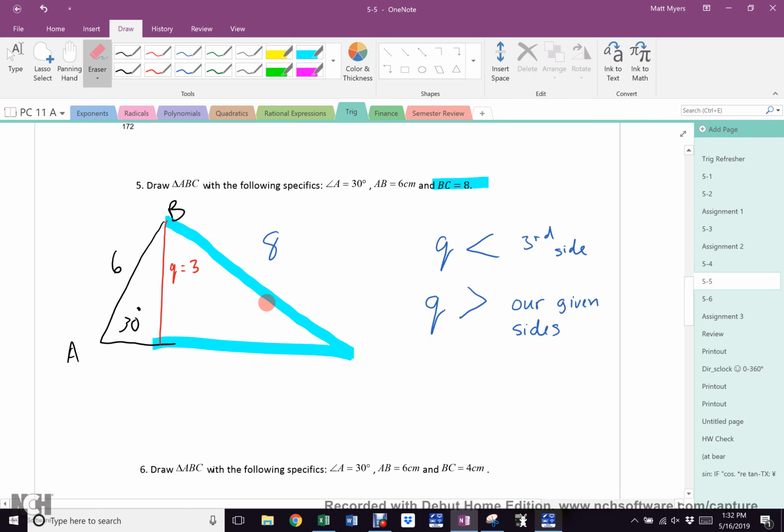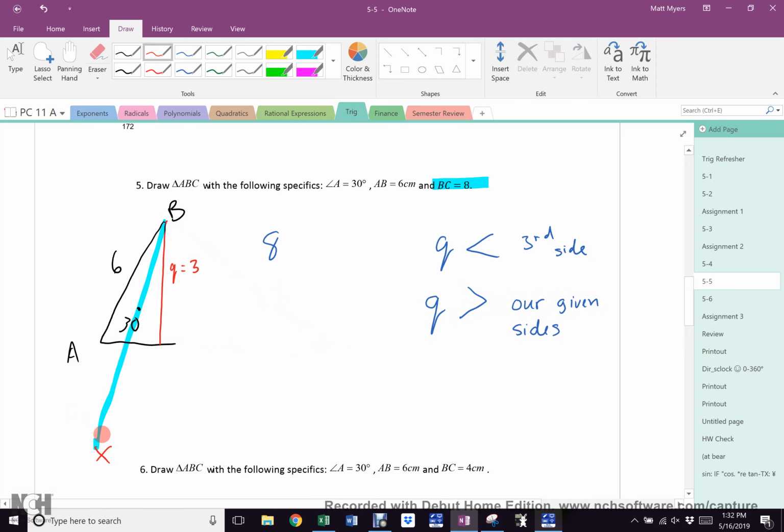And you all saw that if I tried to draw an 8 here, I'm screwed, right? This is no good because it's not a triangle. Q is less than our third side, but our third side, sorry everyone, is greater than our given side.